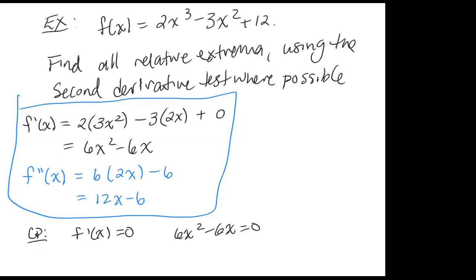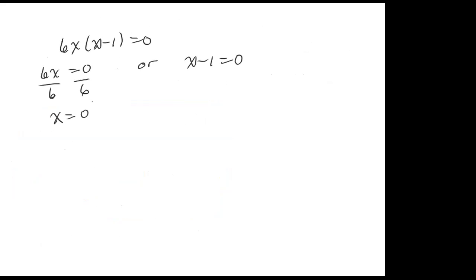I can factor out 6x, and I get 6x times x minus 1 is equal to 0. Two factors, so I'm going to set them both equal to 0 and solve. 6x is equal to 0, or x minus 1 is equal to 0. On the left-hand side, I'll divide both sides by 6, and you get that x is equal to 0. On the right-hand side, I'm going to add 1 to both sides, and I get that x is equal to 1.